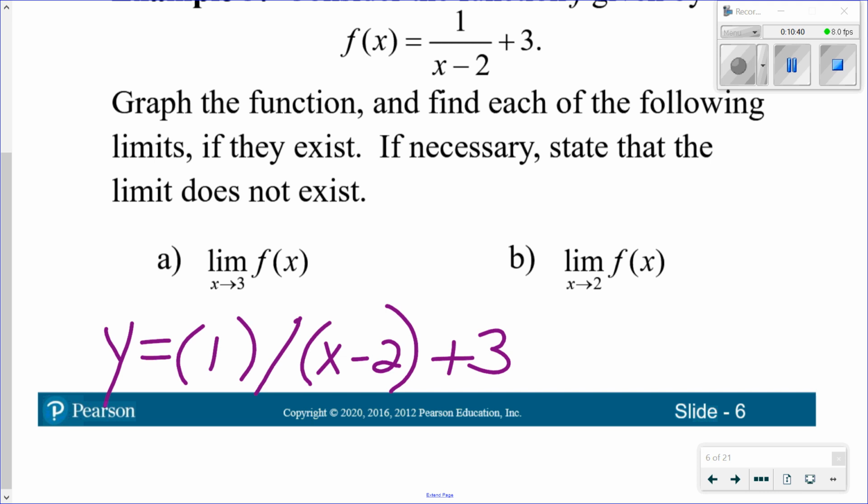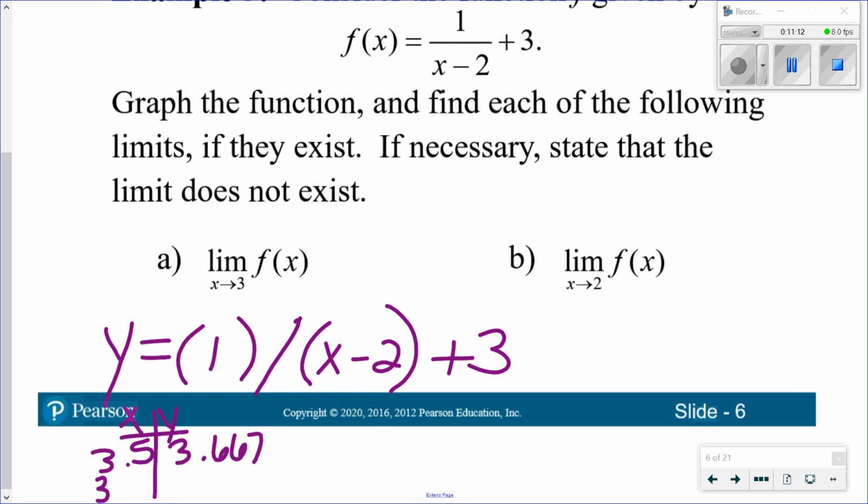So when I have x, y, when I have 3.5, I get 3.667.